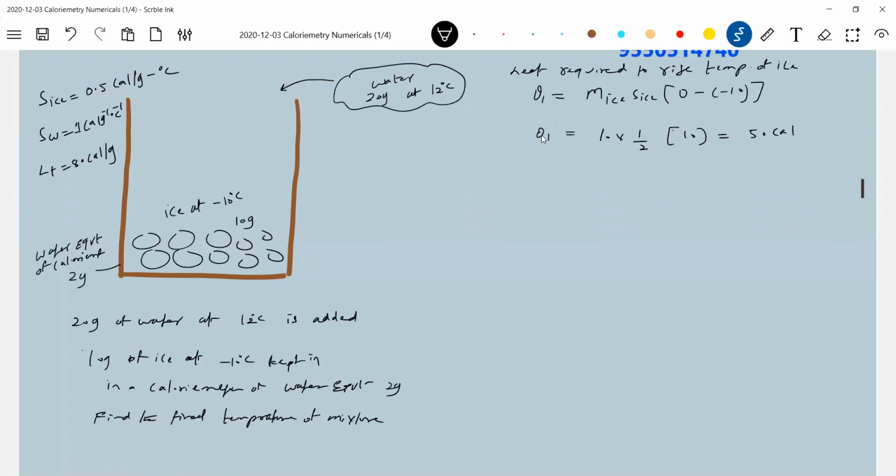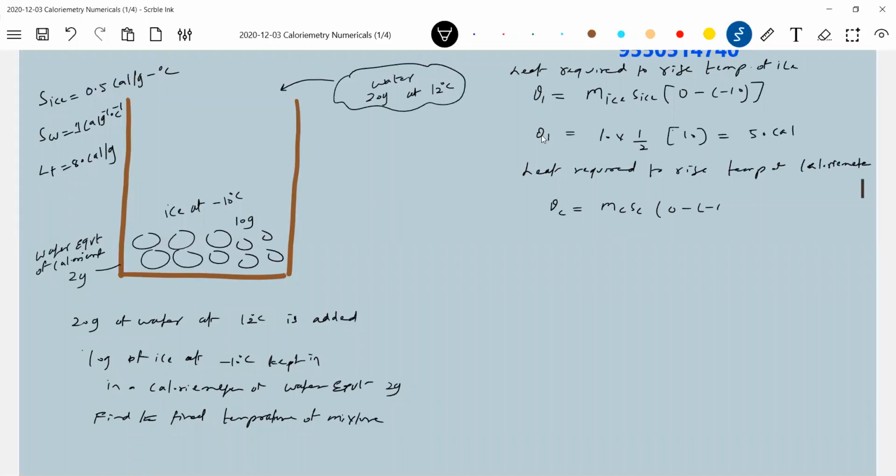After this, even the calorimeter's temperature from minus 10 should become 0, no? Heat required to raise the temperature of the calorimeter, let me call it Q2 or QC. But we don't know the mass of the calorimeter or its specific heat.